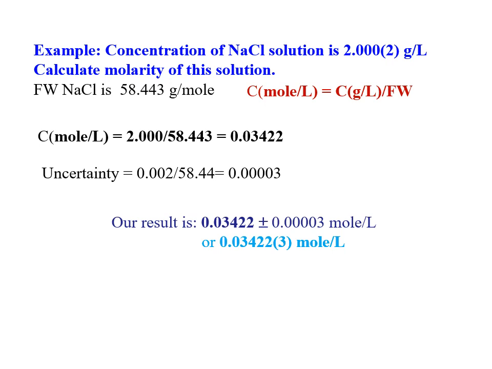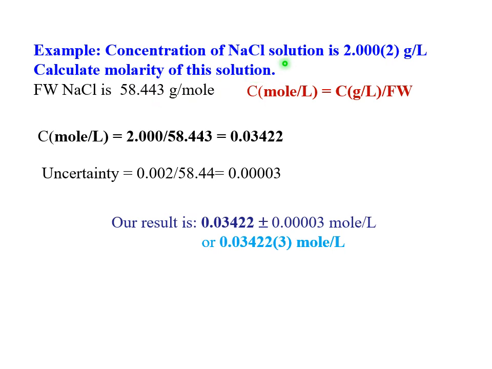Let's look at one example. Concentration of sodium chloride solution is 2 grams per liter with uncertainty in third digit equal to 2. Let's calculate molarity of this solution. Formula weight of sodium chloride is 58.443 grams per mole.